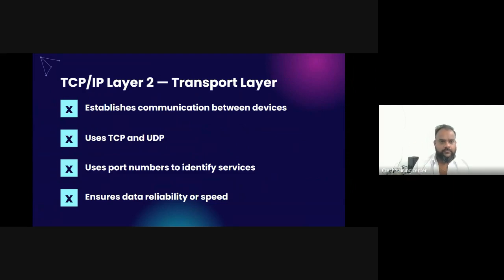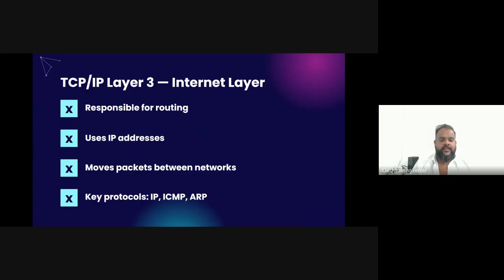So, layer 2, the transport layer, establishes communication between devices, uses TCP and UDP, uses port numbers to identify services, and ensures data reliability or speed. Layer 3 is the internet layer.